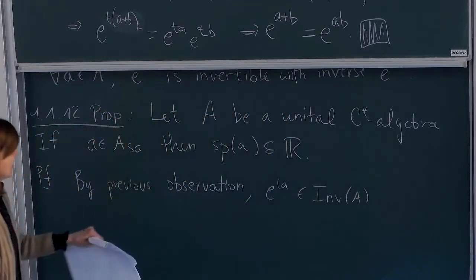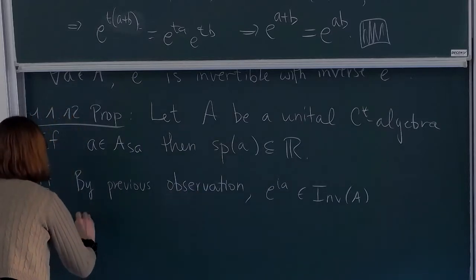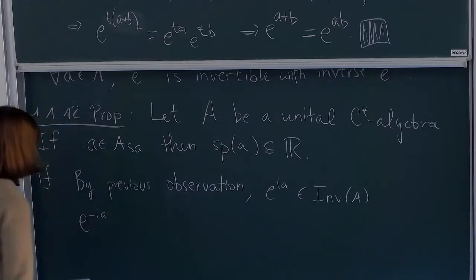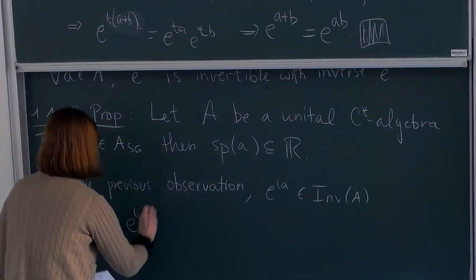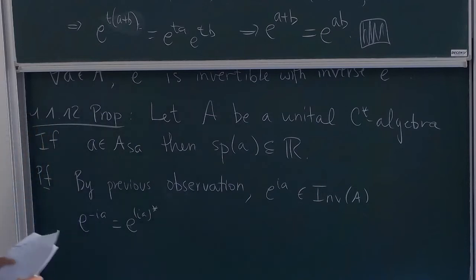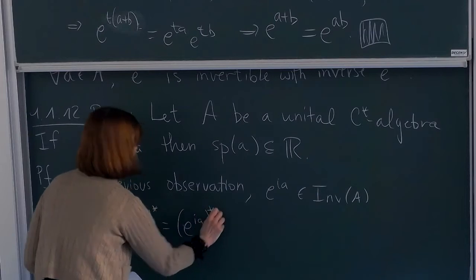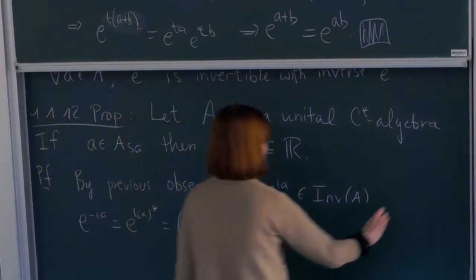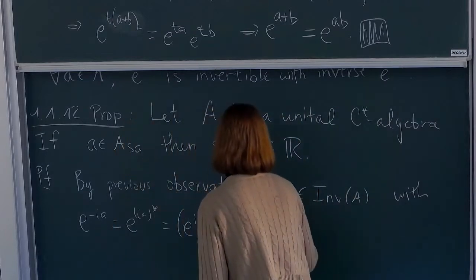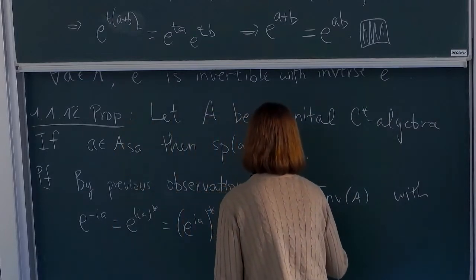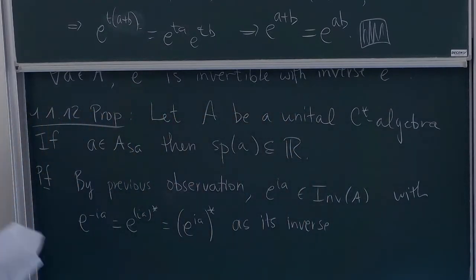And since A itself is self-adjoint, what does this inverse look like? We have e to the minus iA is the inverse, and that's the same as e to the iA star.